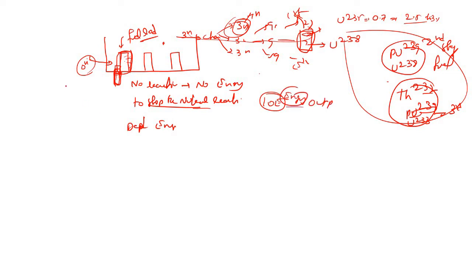So that's why it is called a controlled chain reaction. For that purpose we use control rods. Hope you understood the mechanism, how control rods are used to stop the nuclear reactor or to control the chain reaction by absorbing the neutrons.